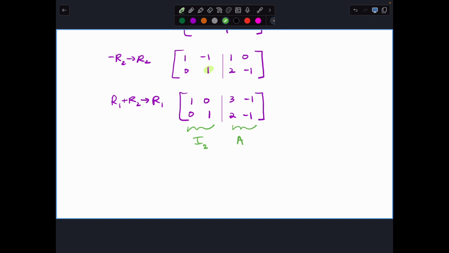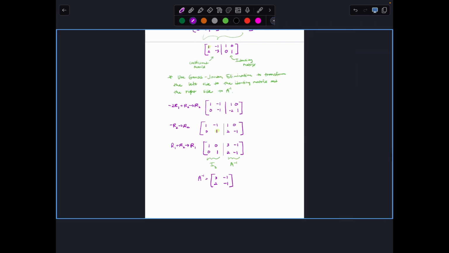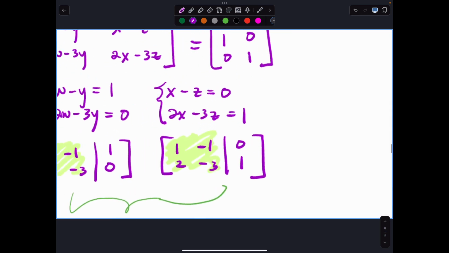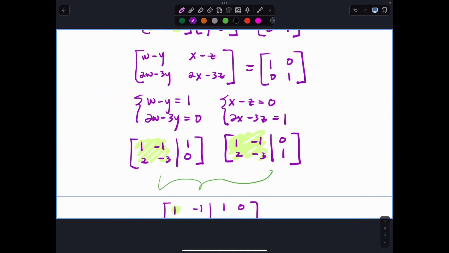This is A inverse. So A inverse is 3, 2, -1, -1, which you could have found if you had actually solved this system.